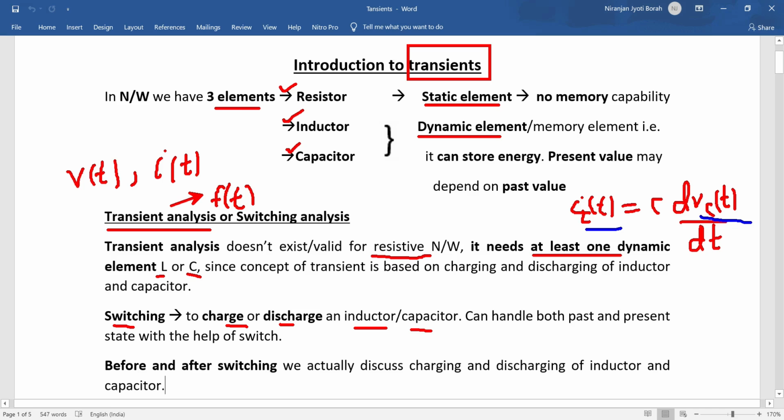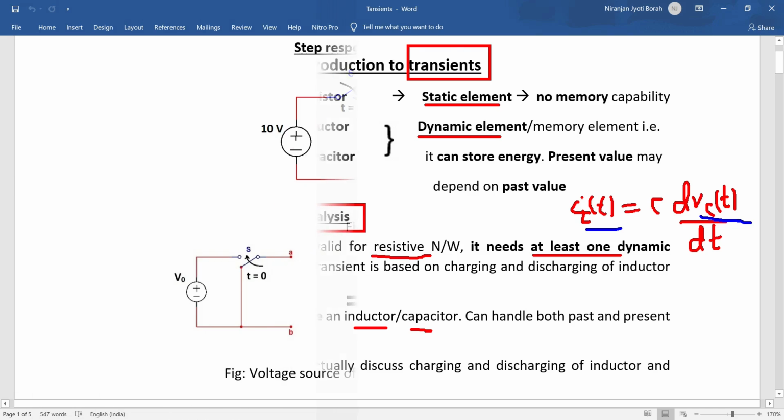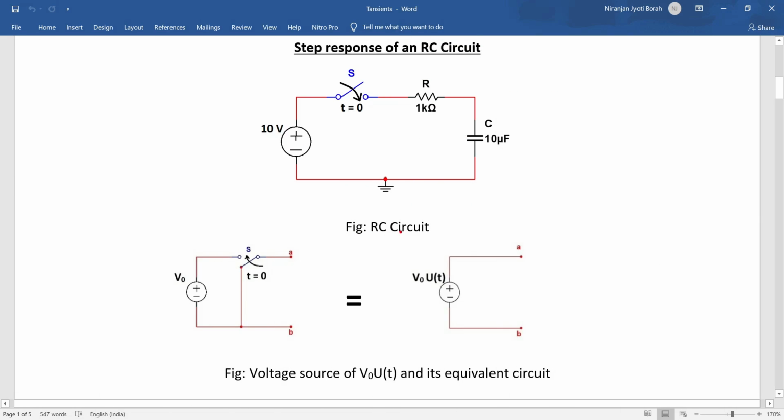So, transient analysis is also called switching analysis. Let us consider an RC circuit consisting of a series combination of resistor and capacitor excited by a DC source.